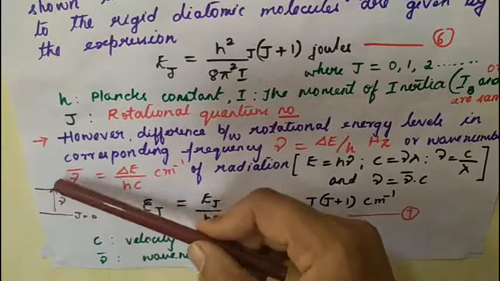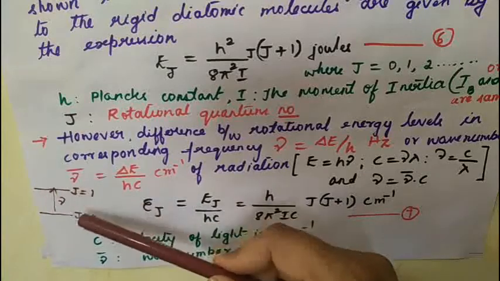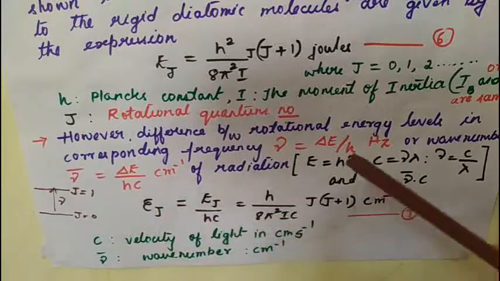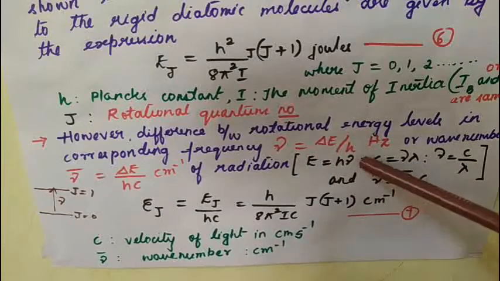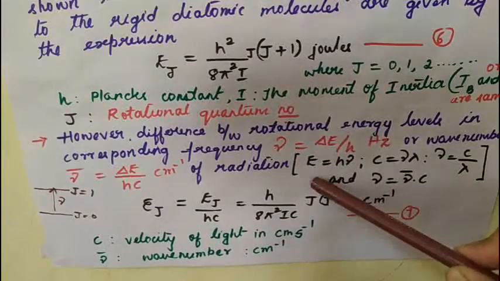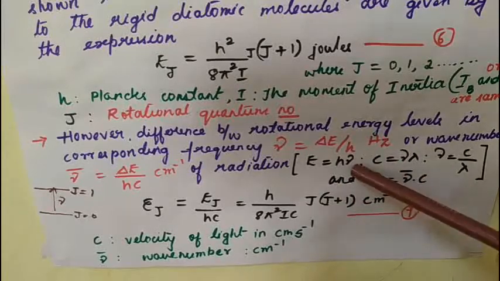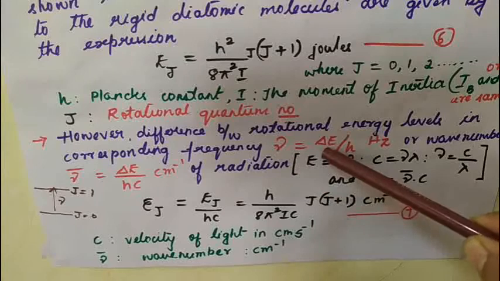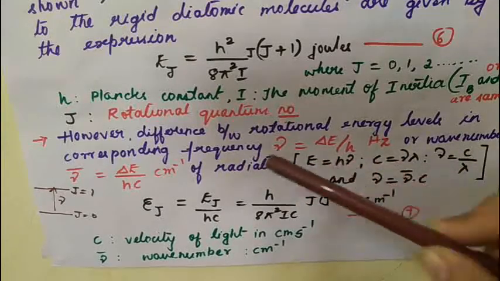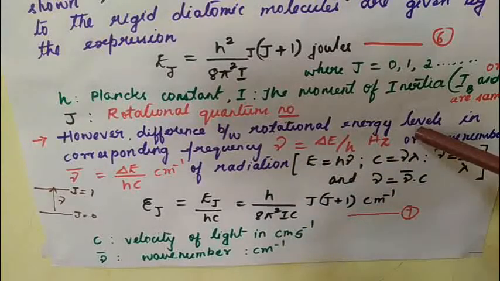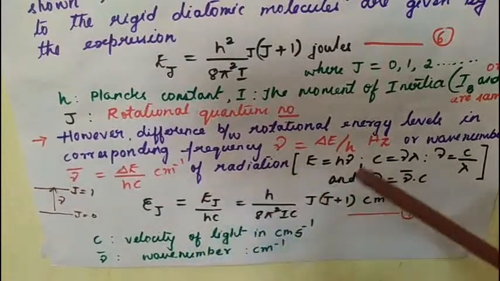Now for a rotational transition to occur, the frequency required can be obtained by the expression nu is equal to delta E by h, which is according to the equation E is equal to h nu. If you rearrange the expression, we have nu is equal to delta E by h hertz. That gives the frequency required for the rotational transition.